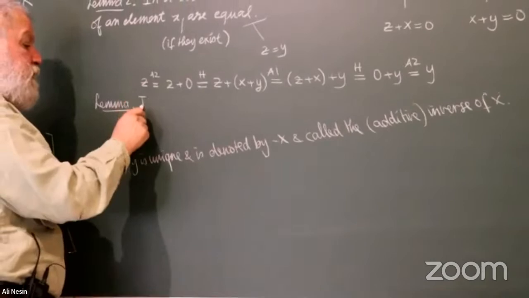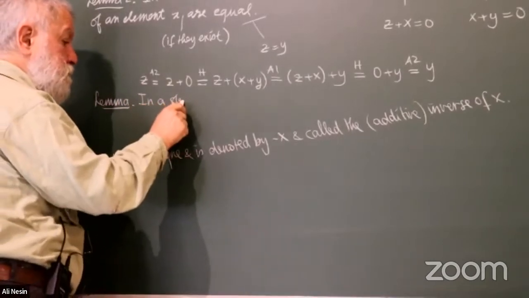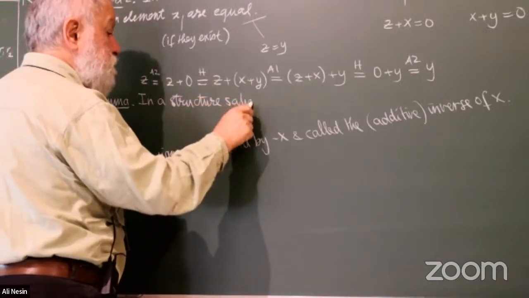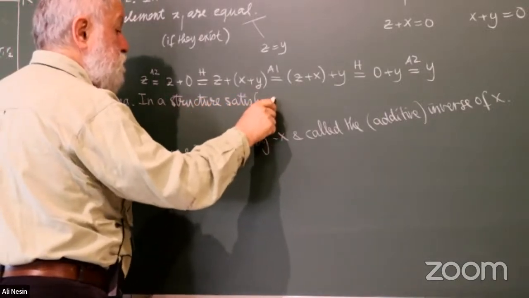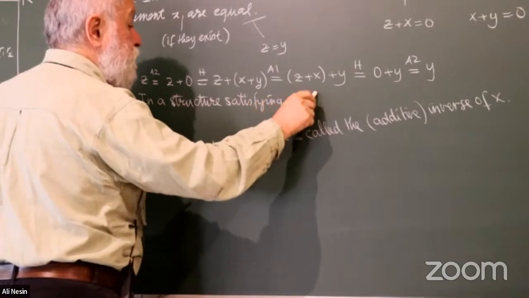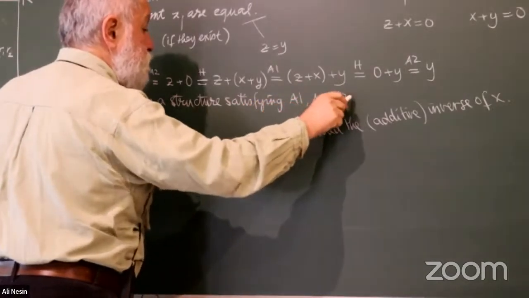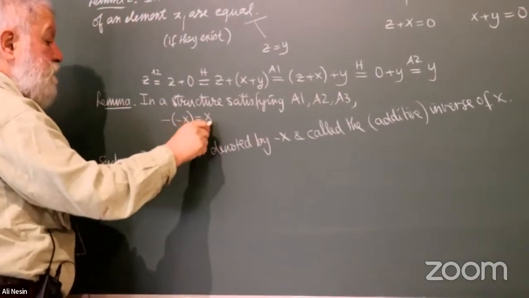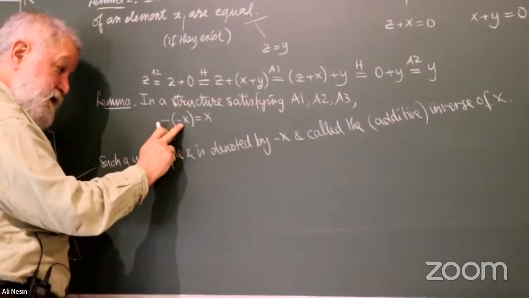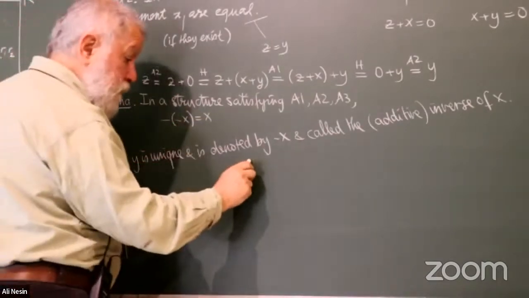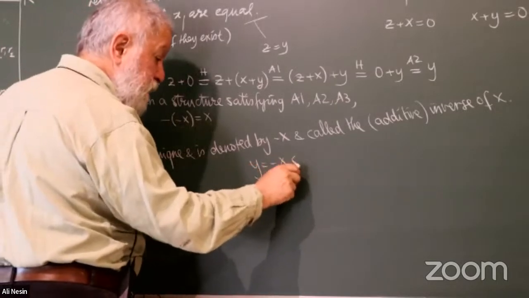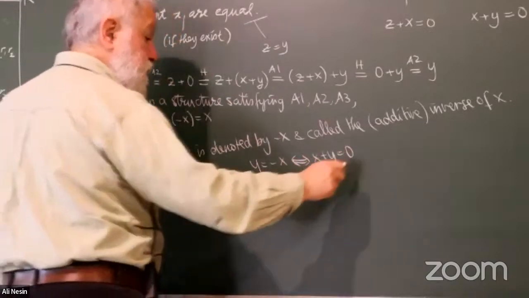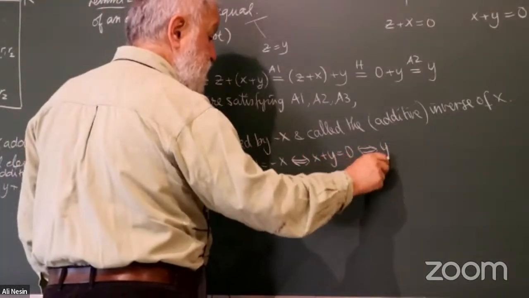In a structure satisfying A1, A2, A3, minus minus X is equal to X. So this minus X is the inverse of X. Note that Y is equal to minus X if and only if X plus Y is equal to 0, if and only if Y plus X is 0.